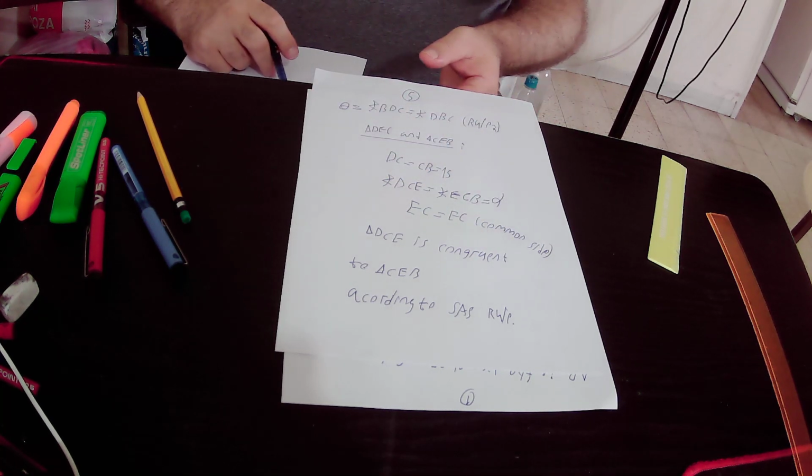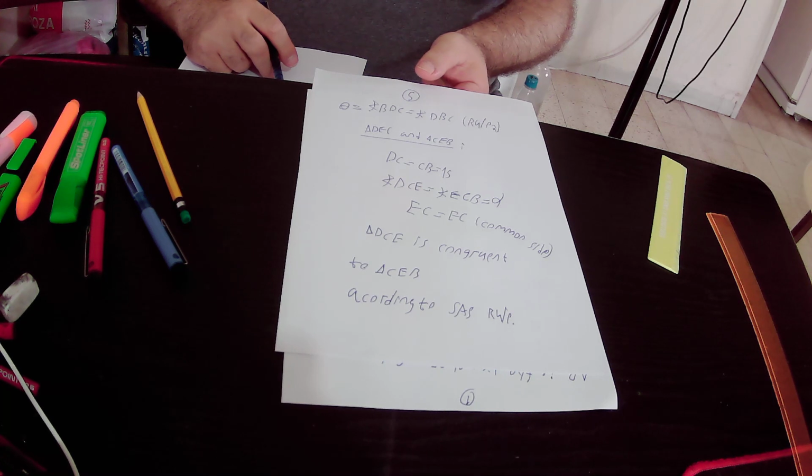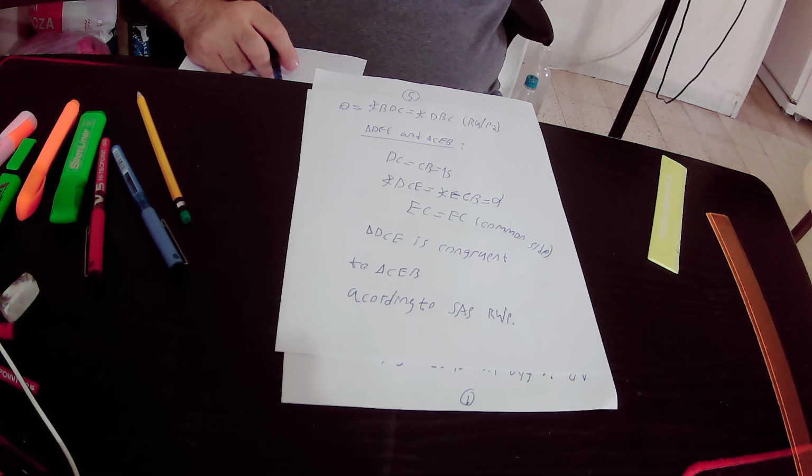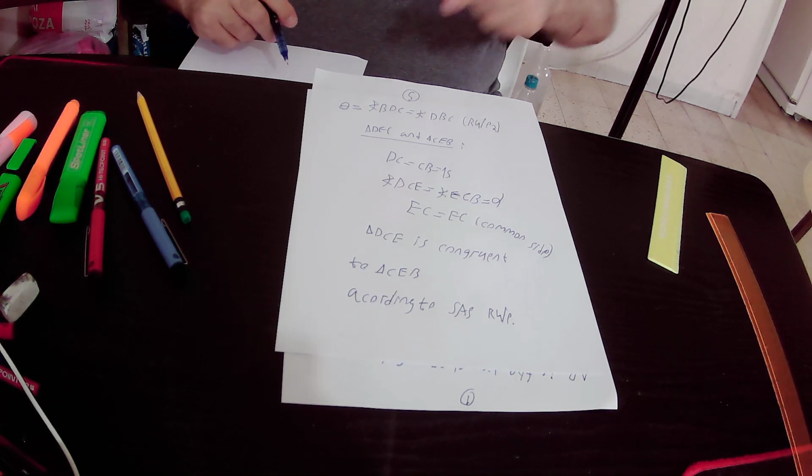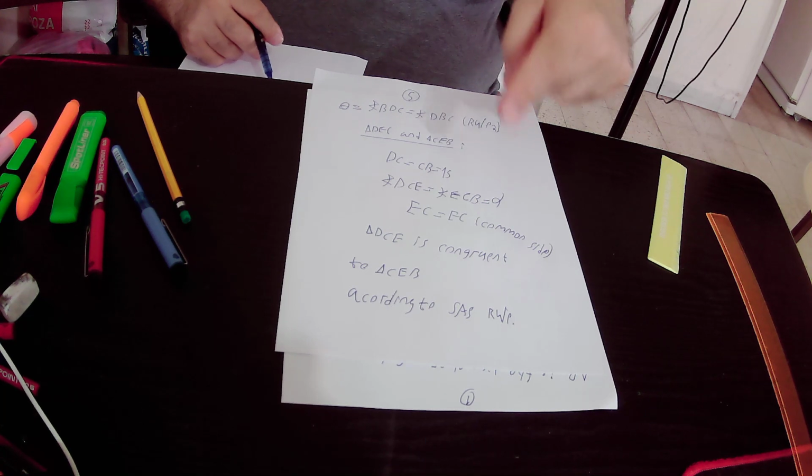The side angle side rule states that if two sides and the angle included in one triangle are equal to two sides and the angle included in the other triangle, then those two triangles are congruent.